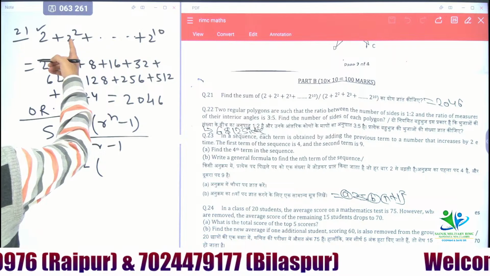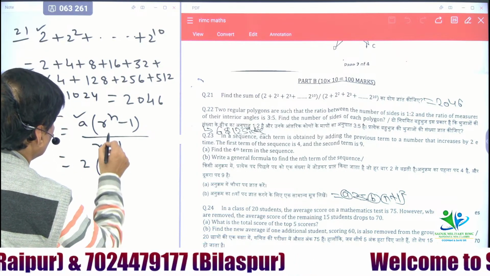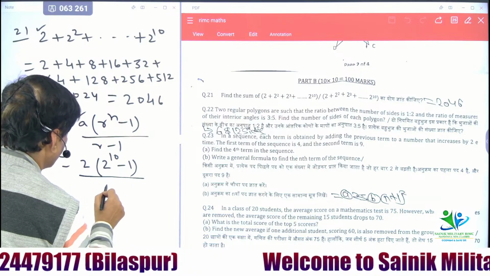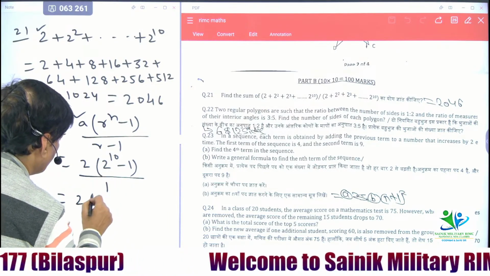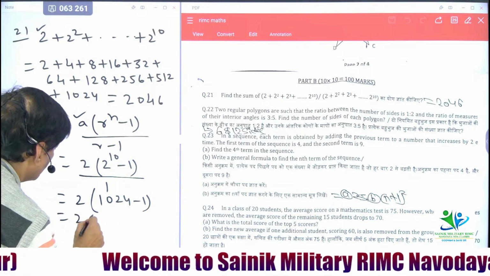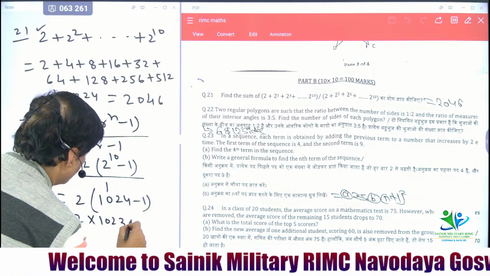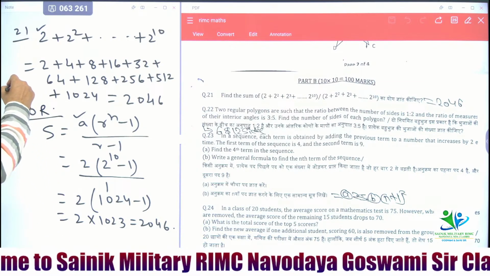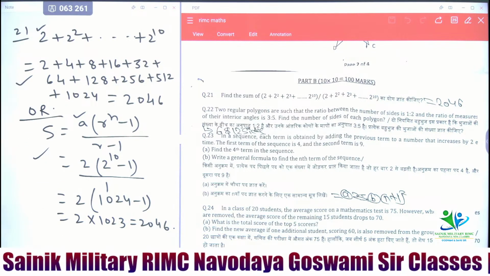If we divide 2 square by 2, you get 2. The number of terms is 10, so 2 to the power 10 is 1024 minus 1, divided by 2 minus 1, that is 1, and you get 2 into 1023, which is 2046. So you can do the question like this, or you can apply the formula.